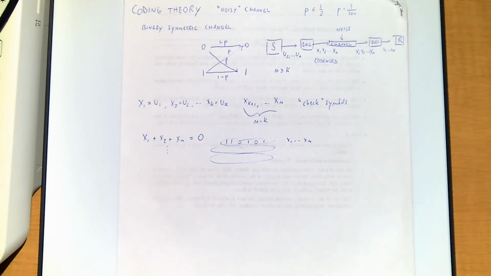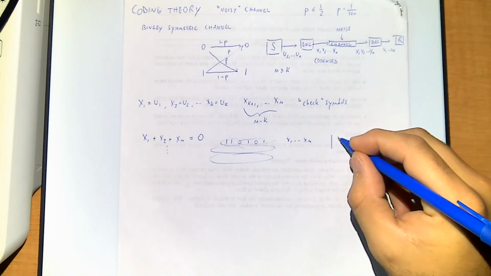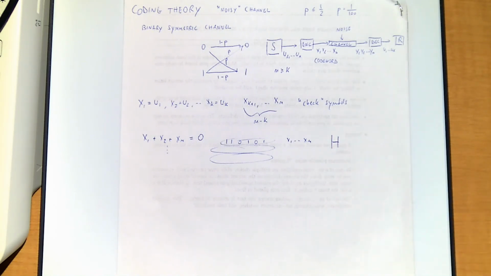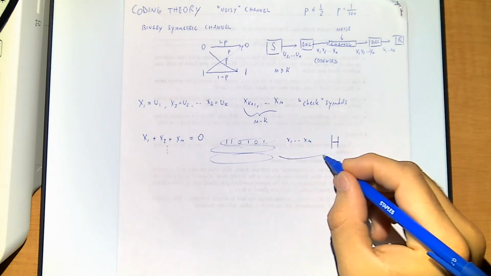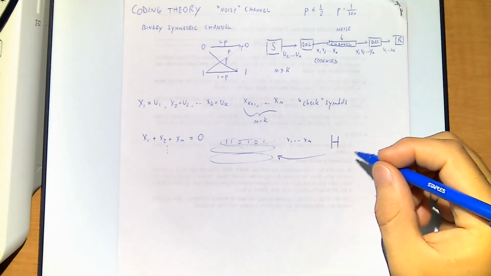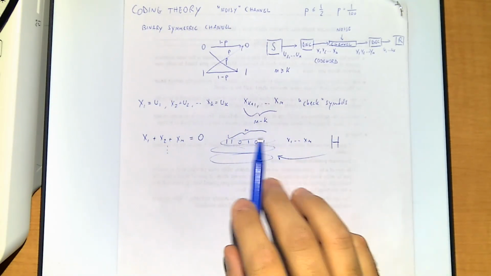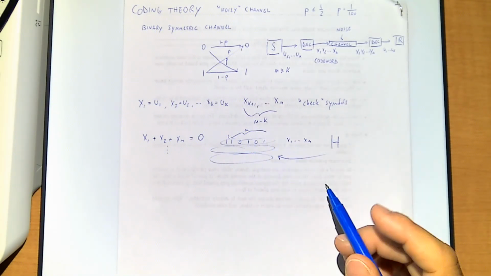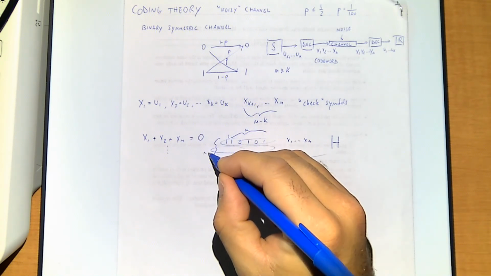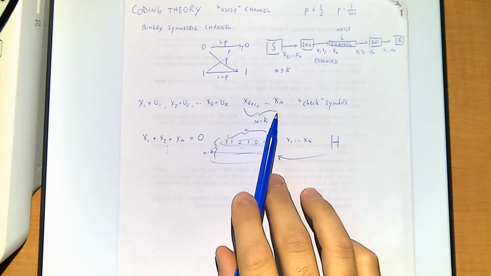So what I can really think of is that I have a certain matrix H, and the rows of H are exactly these binary strings. And of course, this has length n, because I have to do a dot product, a vector product, right? And I need n minus k of such equations because I have n minus k check symbols.